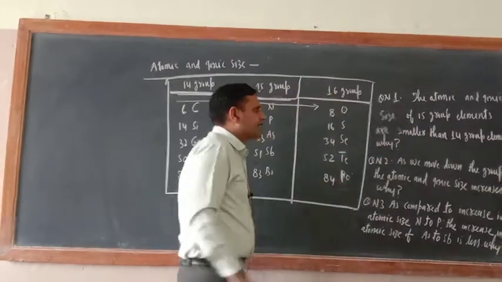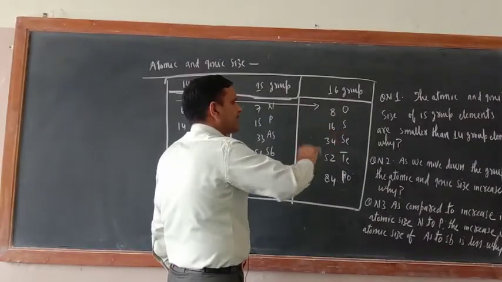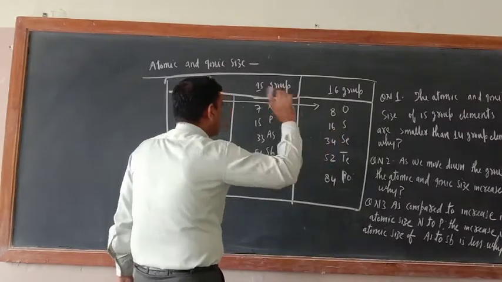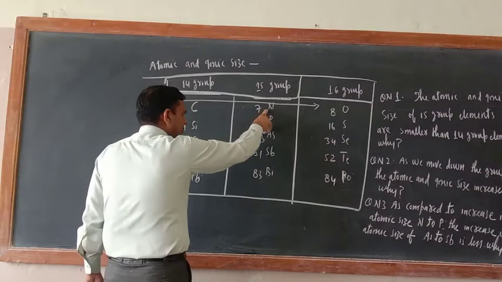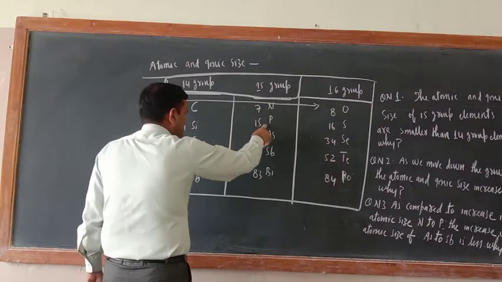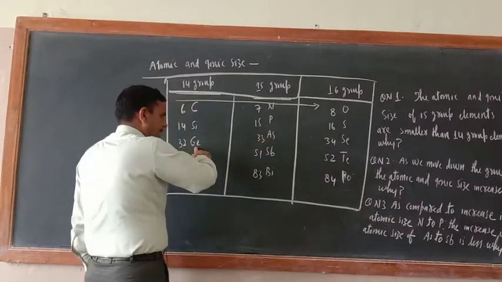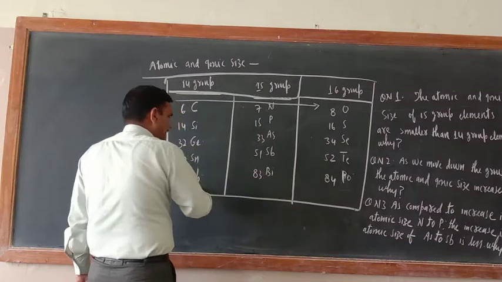Nitrogen is smaller than carbon, phosphorus is smaller than silicon, arsenic is smaller than germanium, antimony is smaller than tin, bismuth is smaller than lead.